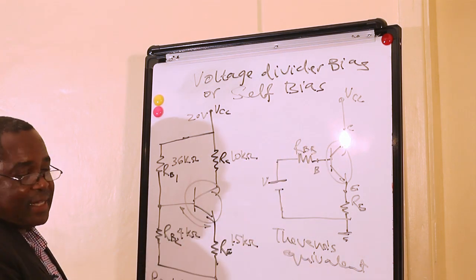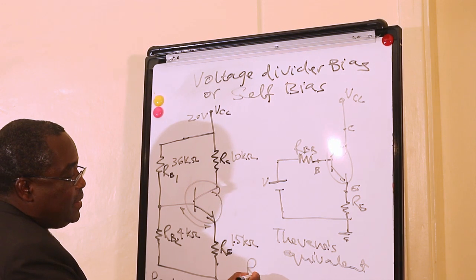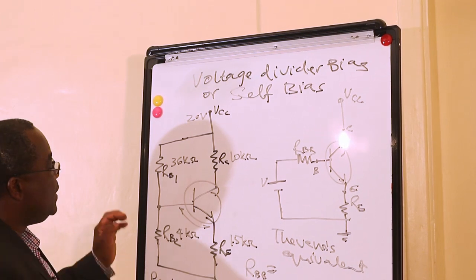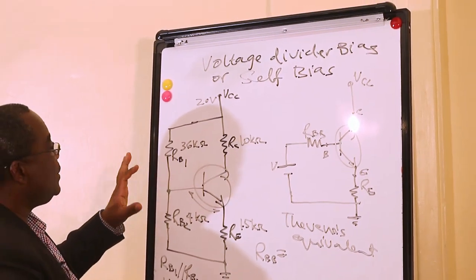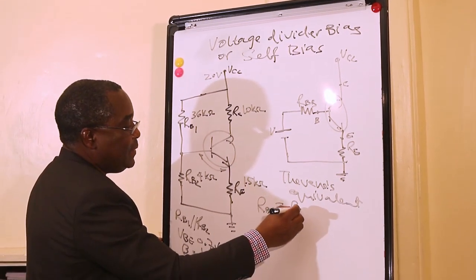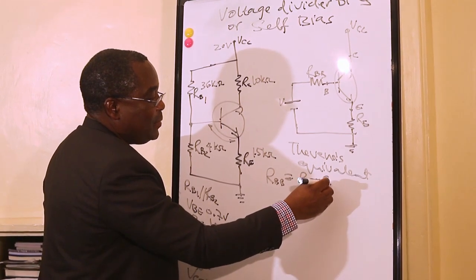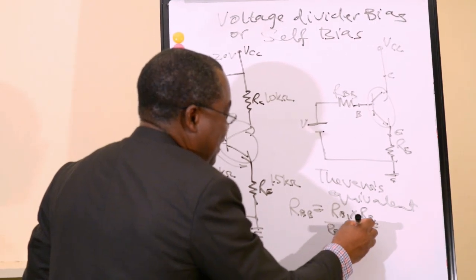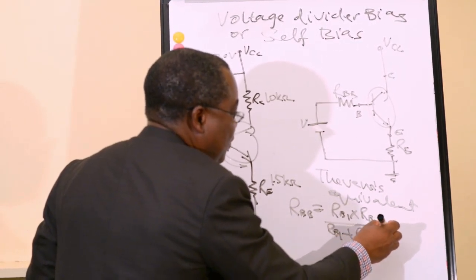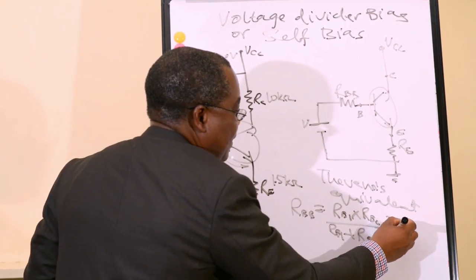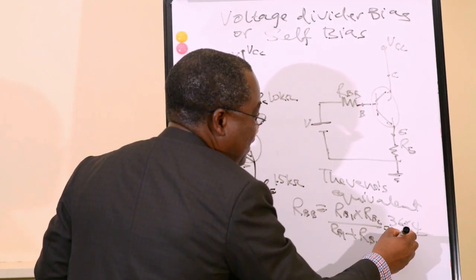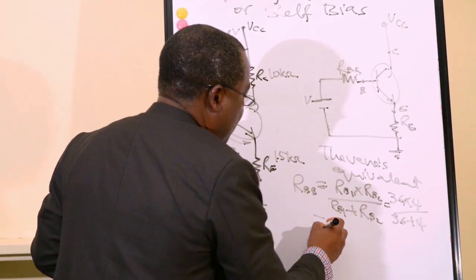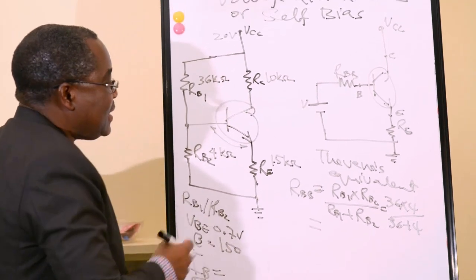So to have the Thevenin equivalent resistor, RBB equals, these resistors are in parallel. So RB1 times RB2 over RB1 plus RB2 equals 36 times 4 over 36 plus 4 equals, this is simple algebra.